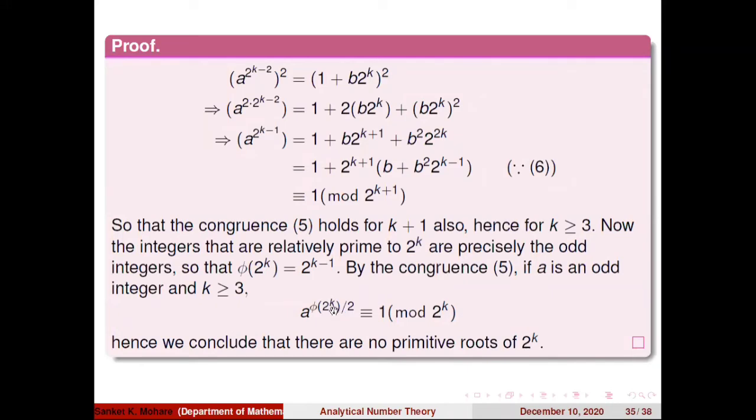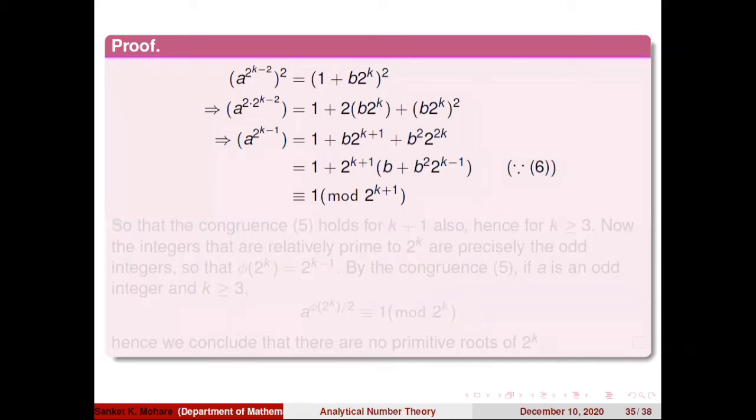But here it is divided by 2, so this is against the definition. So a to the power phi of 2^k divided by 2 congruent to 1 modulo 2^k implies a is not a primitive root of 2^k. So in general we conclude that there are no primitive roots of 2 to the power k.